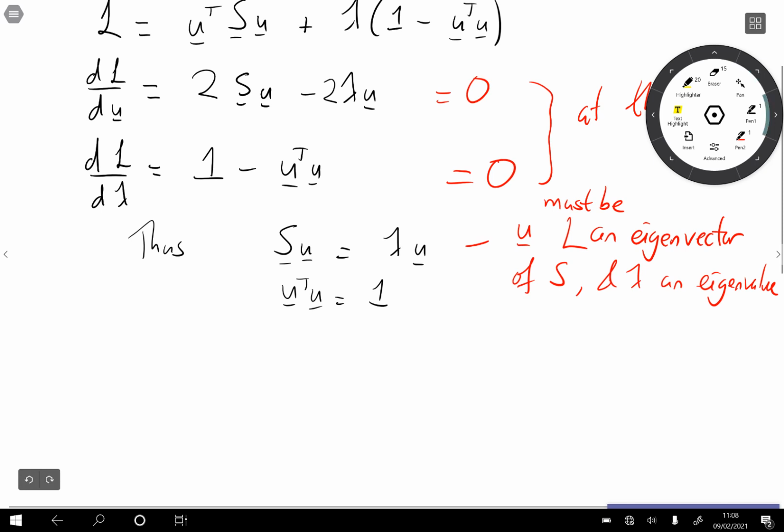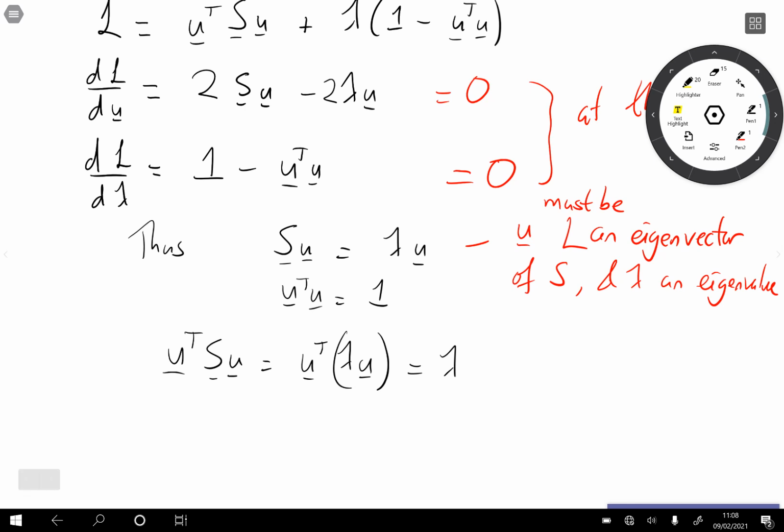So if we substitute this back into our objective, so we then have that u transposed S u, well, if u is an eigenvector with eigenvalue lambda, this is just u transposed lambda u. Well, let's bring the lambda out the front. That's lambda u transpose u, but u transpose u is 1, so this is just lambda.